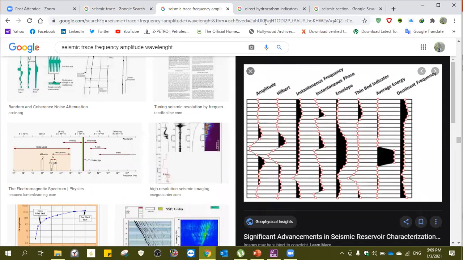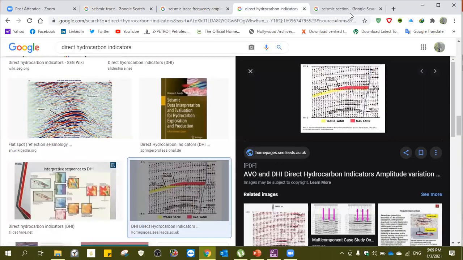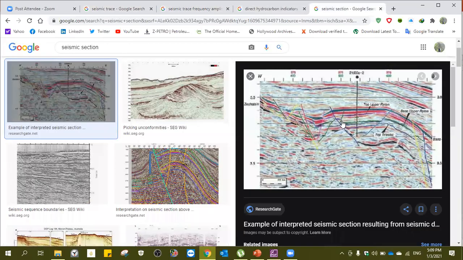If I show you, you can see the background of these seismic traces, where each seismic trace represents the real trace, the imaginary trace, and the complex trace.